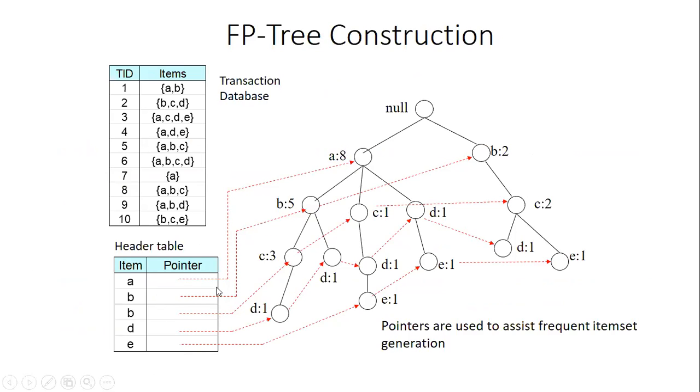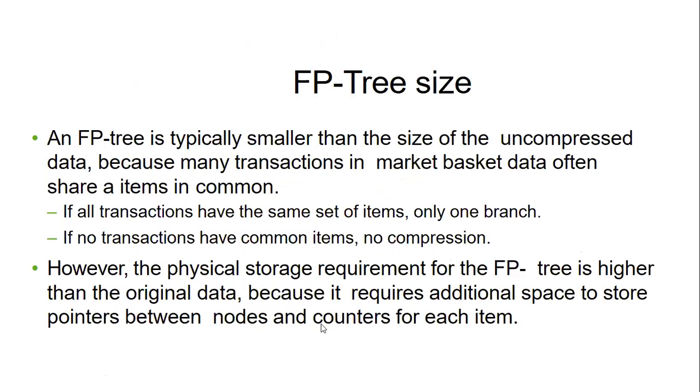Here B5, then here B2, the counts also have to be maintained. So the physical storage of the FP tree is higher than the original data, because additional space is required to store the pointers between the nodes and the counters for each item.